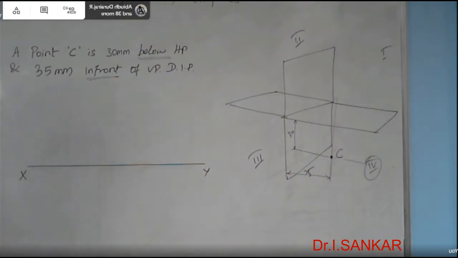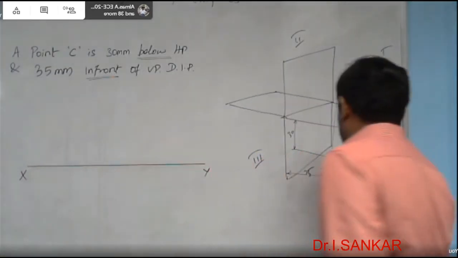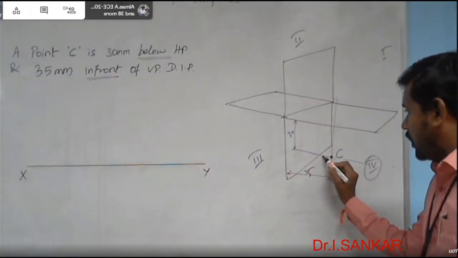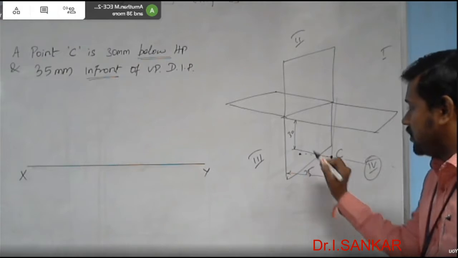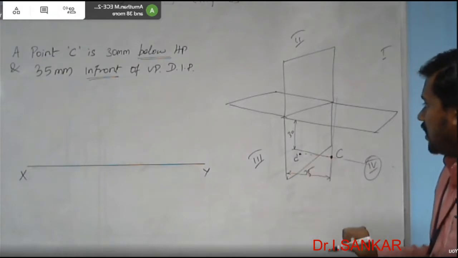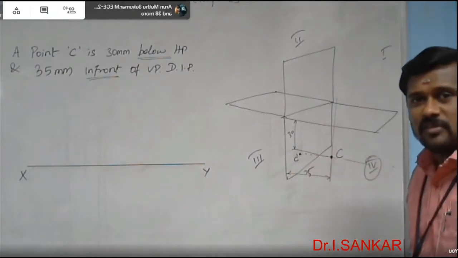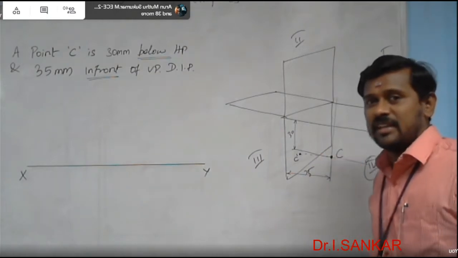The XY line first you have to draw, and here the point C's front view will be obtained in the vertical plane as C dash, and for the top view of the point, some serious measure you have to consider here. It's your new situation.